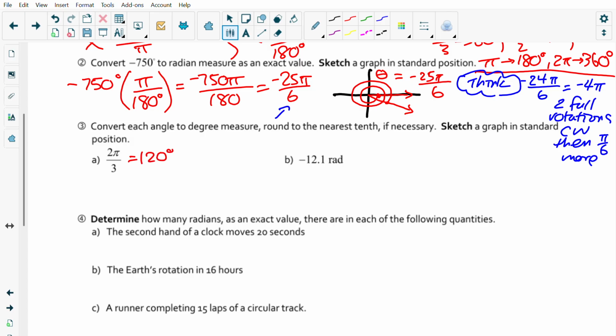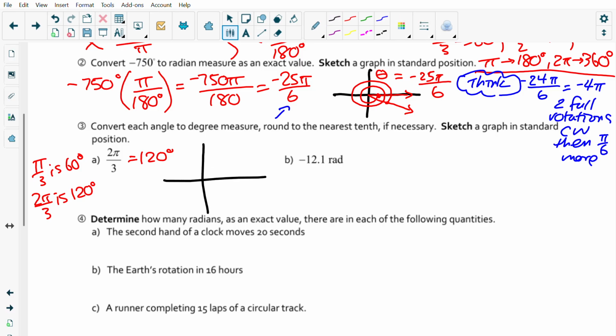So this one you should be able to do by mental math.